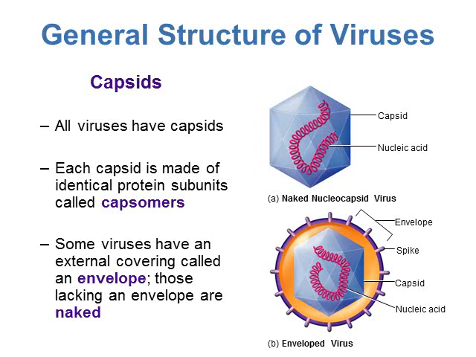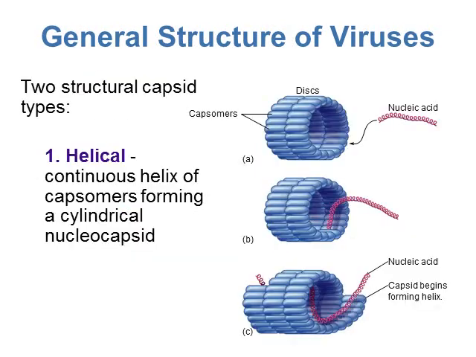These envelopes are usually stolen from the host cell, so they're not actually part of what makes up the virus. Those that lack an envelope are called naked, which is the virus at the top of this picture. Viruses that do have an envelope are called enveloped viruses.